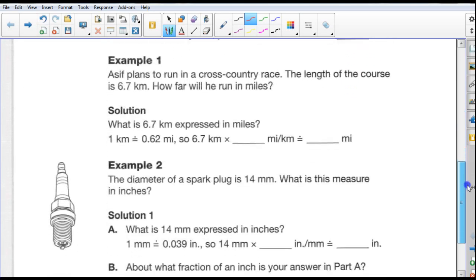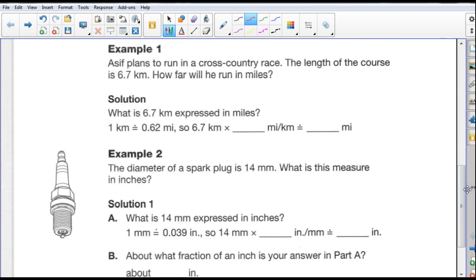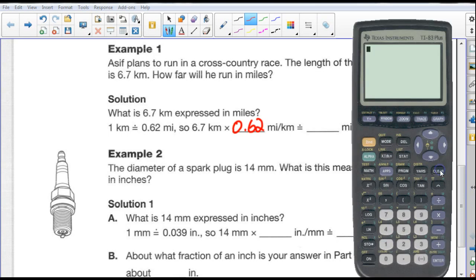Okay, let's do example number 1. Asif plans to run in a cross-country race. The length of the course is 6.7 kilometers. How far will he run in miles? Well, the solution is, what is 6.7 kilometers expressed in miles? 1 kilometer is equal to 0.62 miles, so 6.7 times 0.62 miles per kilometer. We can use our calculator.